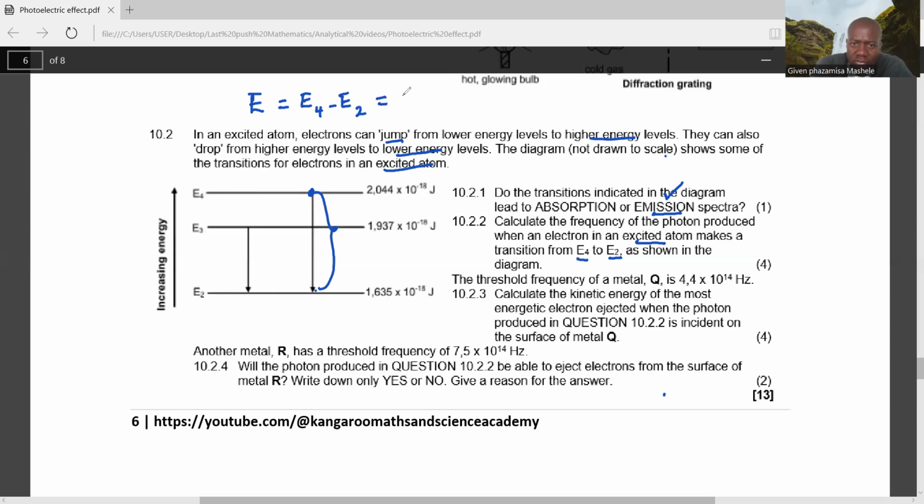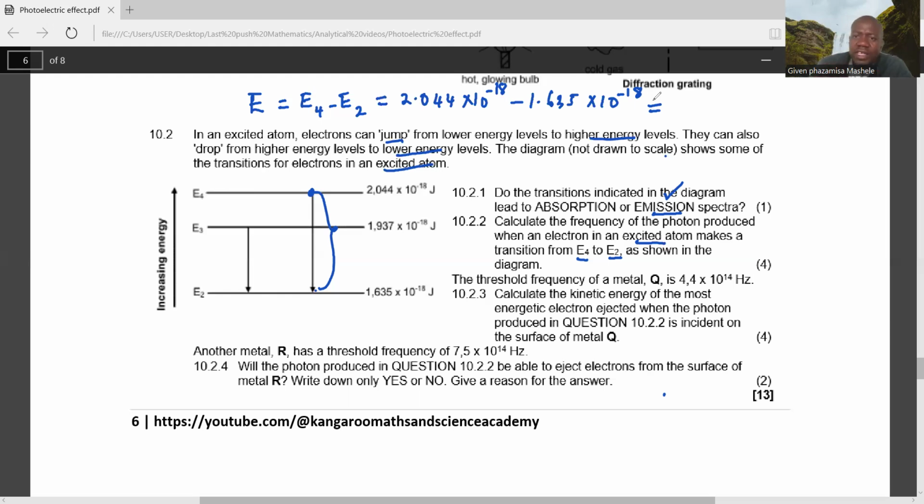So we're going to have 2.044 times 10 to the power negative 18, minus 1.635 times 10 to the power negative 18. So we are going to get the energy of the photon.